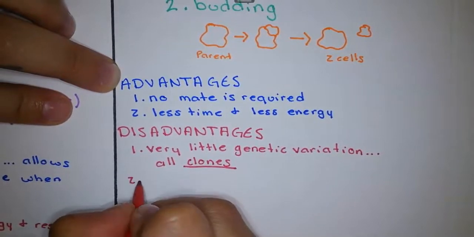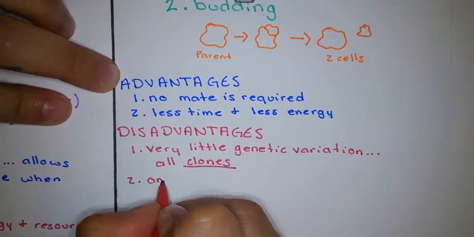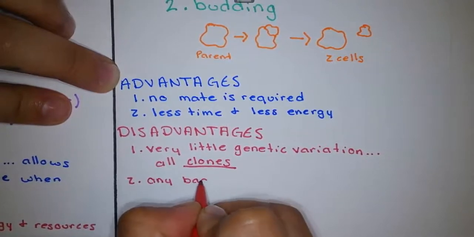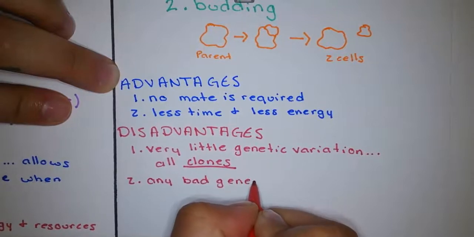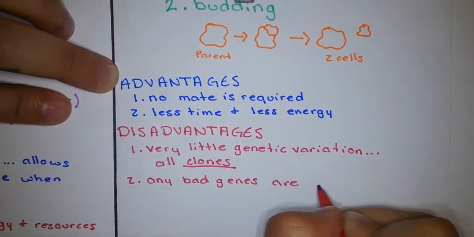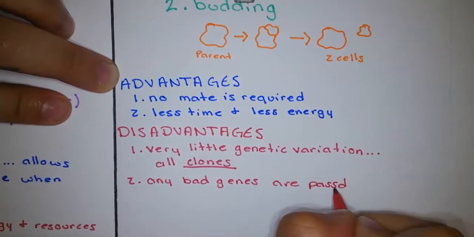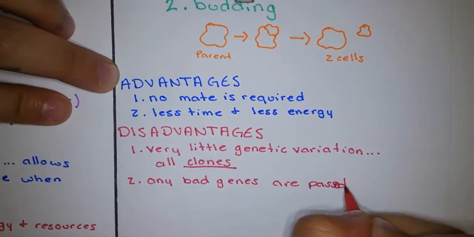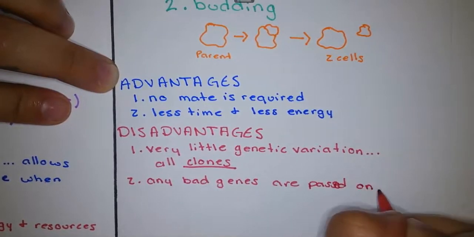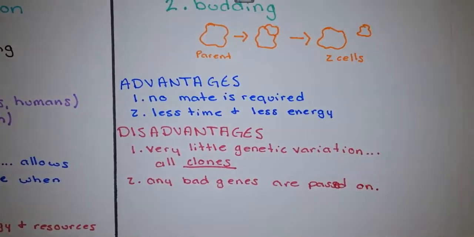And the second one is that any bad genes are passed on. Okay, so instead of only passing on the good genes, because it's super fast, it takes less time, all these bad genes are getting passed on to the offspring.